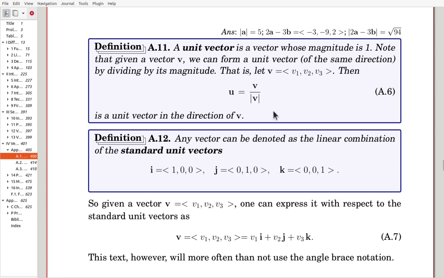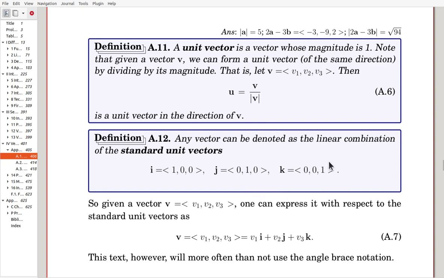Just divide by its length, then the resulting vector has length 1. So it is a unit vector in the direction of v.